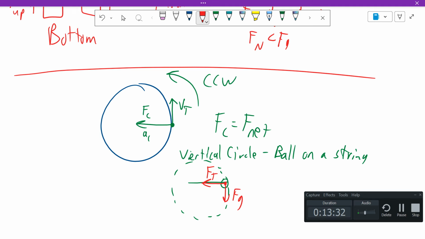So you can have essentially an acceleration in the tangential direction and an acceleration in the centripetal direction. I know these T's are kind of confusing, but this is tension and this is tangent, just so we know the difference. You could still have them. You just need an acceleration in the centripetal direction to go in a circle.